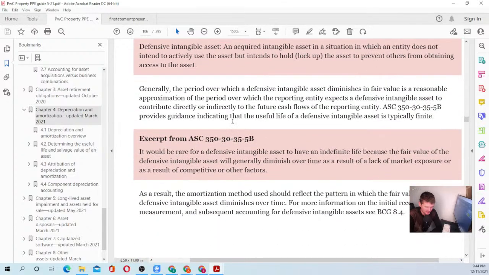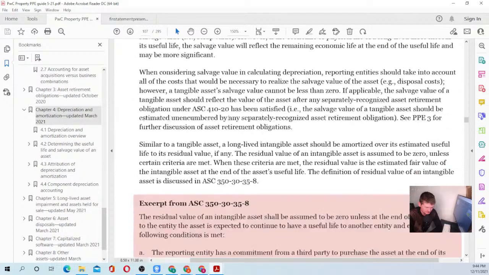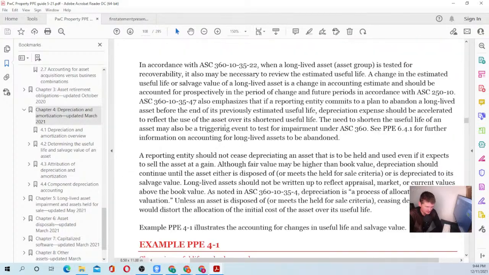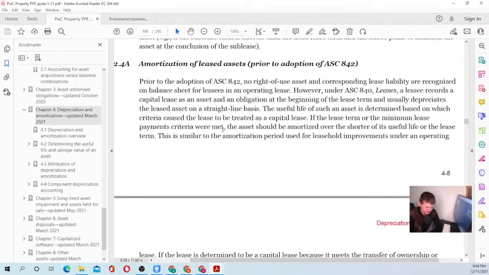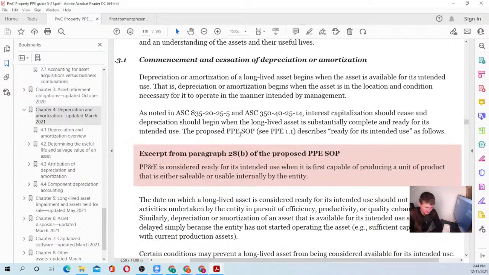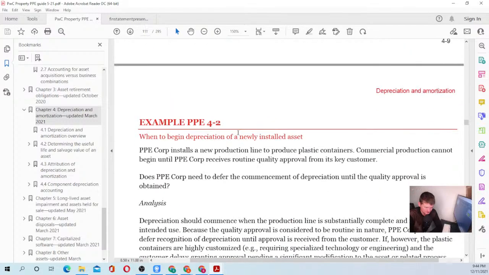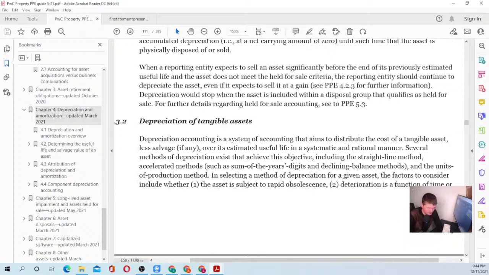So you just buy it and hold it, but you don't do anything with it. Salvage value and residual value. Let's see, do we have depreciation methods at all?